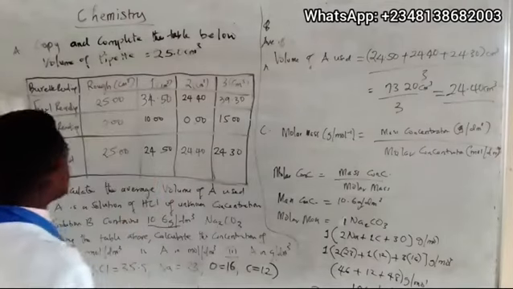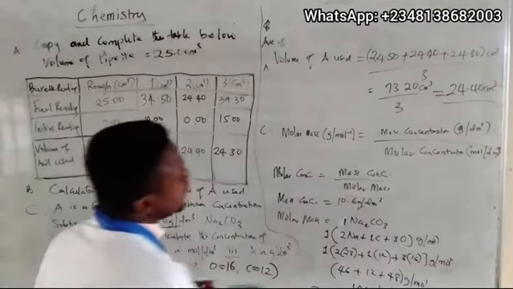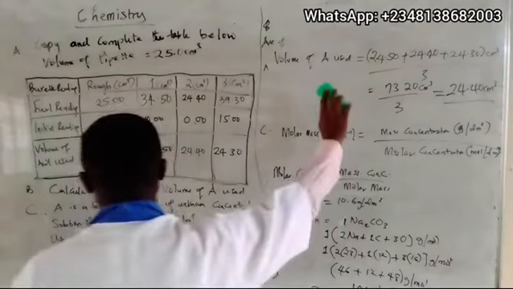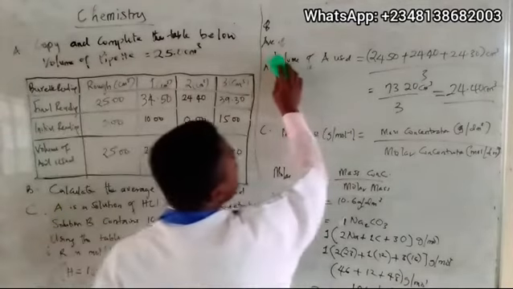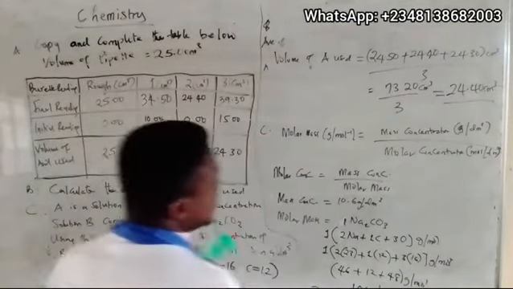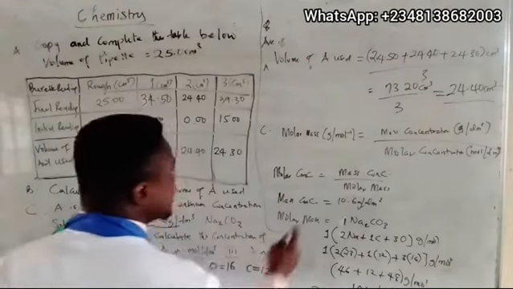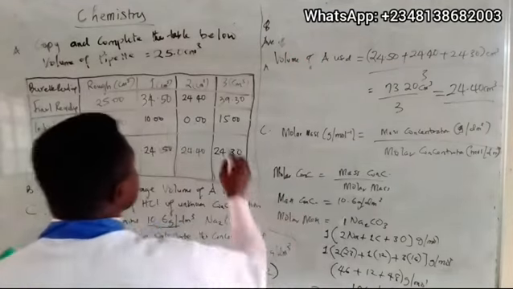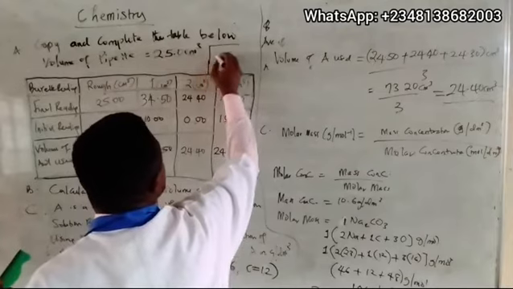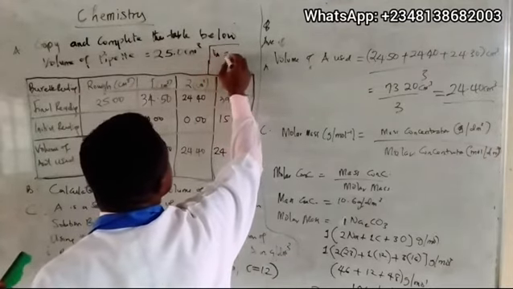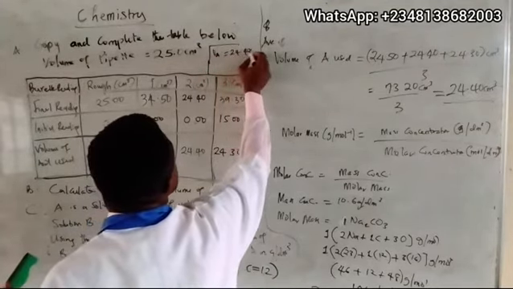Let me clean up so that we can continue. Let me write out the values so I don't forget. We have established that the average volume of acid used is 24.40 cm3.